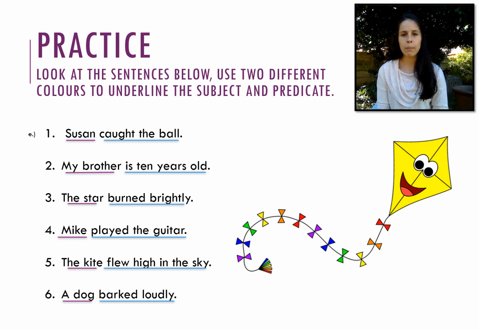Number 4, Mike played the guitar. Mike is the subject, played the guitar is the predicate. Number 5, the kite flew high in the sky. The kite is the subject, flew high in the sky is the predicate. And then the dog barked loudly. The dog is the subject and barked loudly is the predicate. If you need to, please take some corrections down. If not, we can just move on.